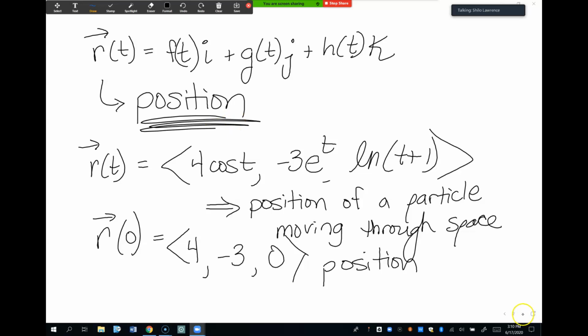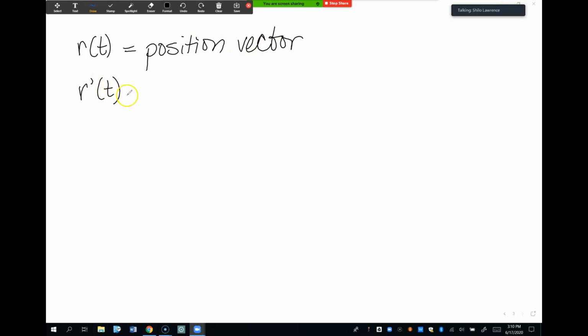If we take the derivative of a position function, so if we call the original position r, then the derivative of our position is the velocity of our particle.